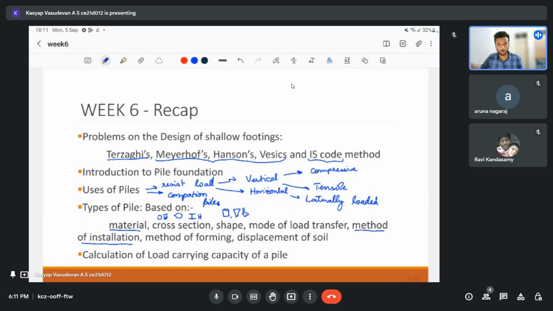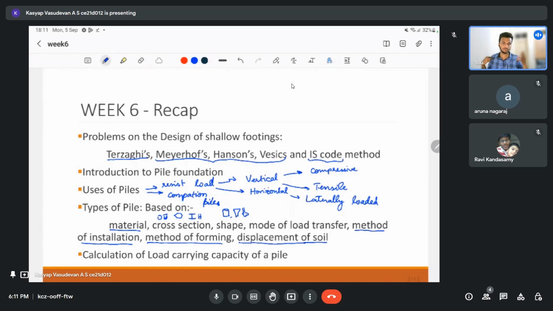And method of forming: we can form the concrete pile in different ways. It can be precast, or pre-stressed concrete, or normal concrete. Depending on that, we can classify the method of forming. Displacement of the soil: there are two different ways.